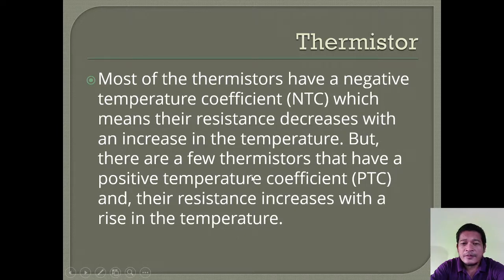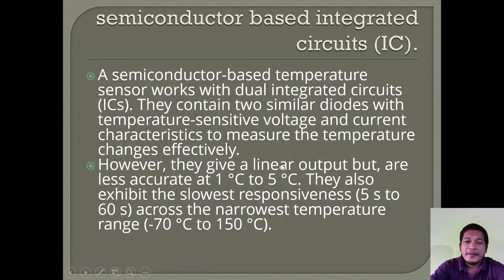But there are a few thermistors that have a positive temperature coefficient or PTC, where the resistance also increases when the temperature rises. But the usual thermistor used in the market or in electronics is the NTC type, the negative temperature coefficient thermistor.